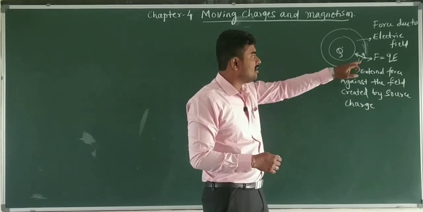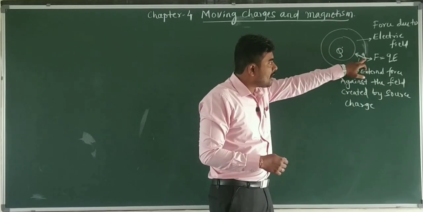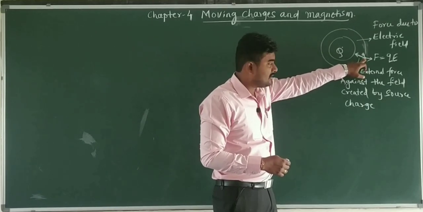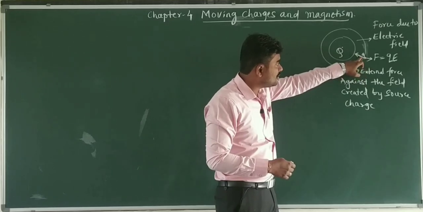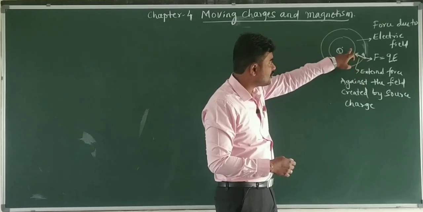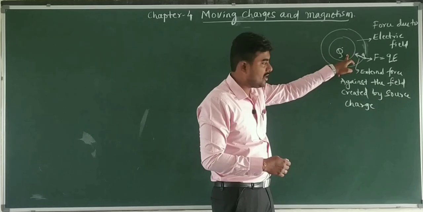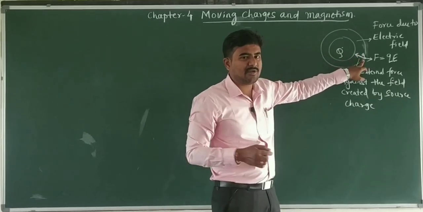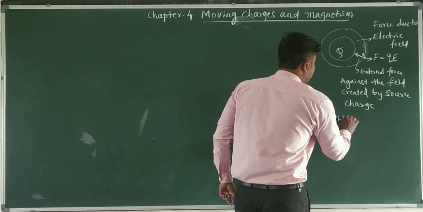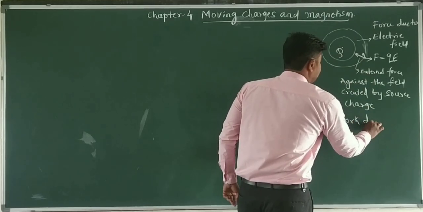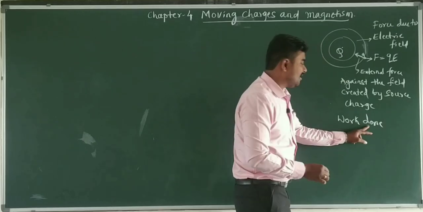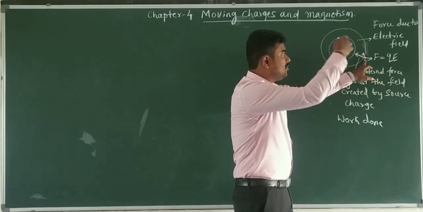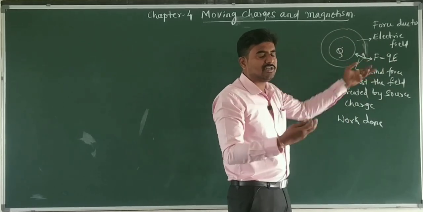And remember, since we are applying force on the test charge, we are making a movement from this location to this location, this location to this location, like that. And force into displacement creates what? Force into displacement is nothing but work done. And this work done in bringing a charge from infinity to that particular location is called what?